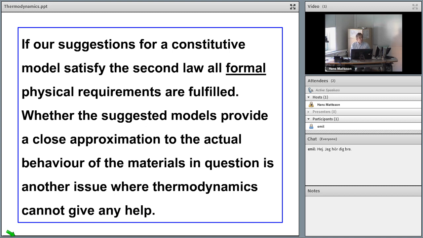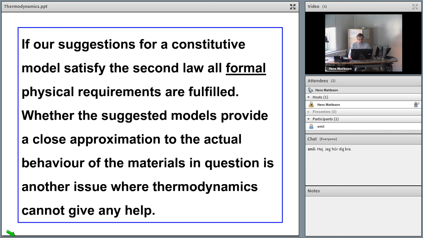And it could be very hard for a user to understand all this theory, to be able to understand when bad things happen in the finite element method and so on. That is one argument. So some researchers say that it doesn't matter if the constitutive model is good to simulate the material. The first thing that should be solved is that it's okay from a thermodynamical point of view. Then the next step is to try to make the model simulate actual material behavior.